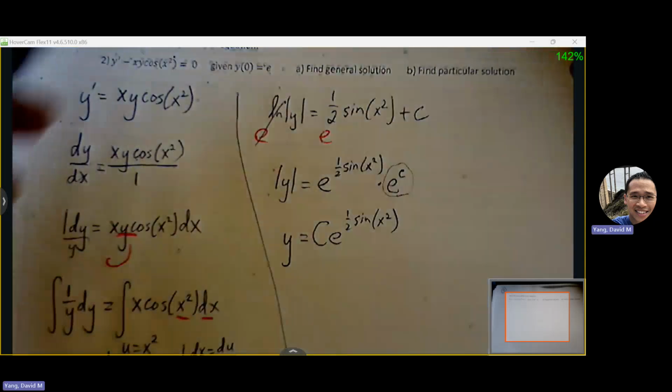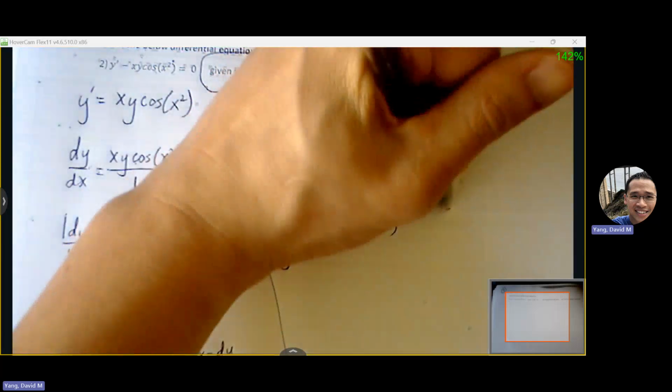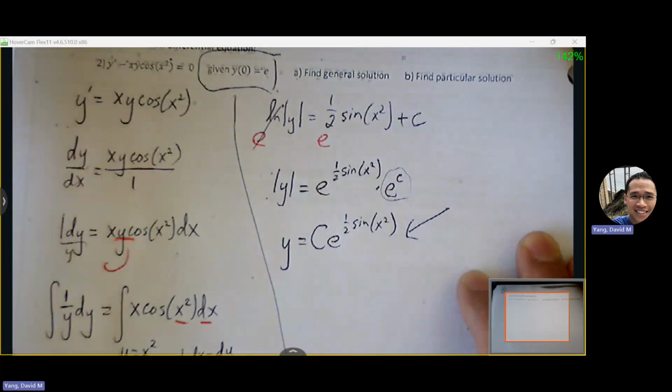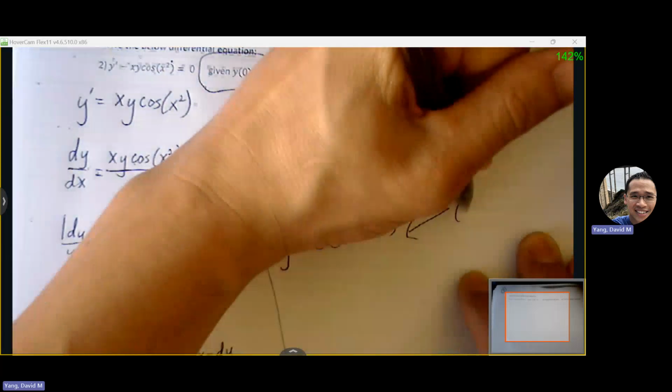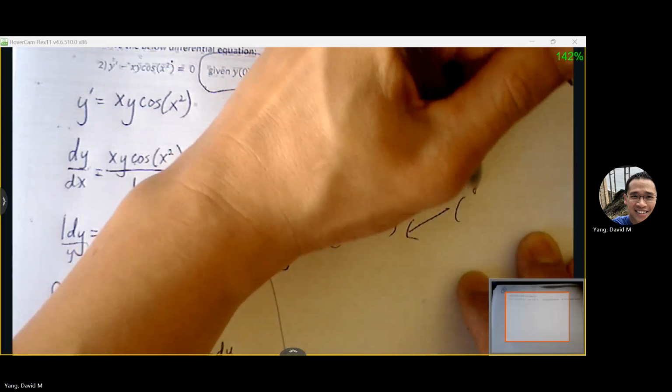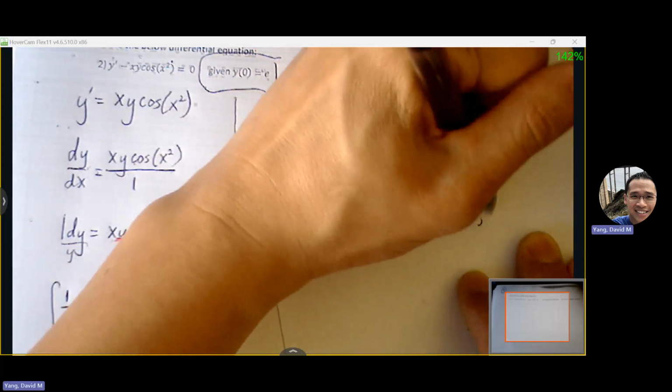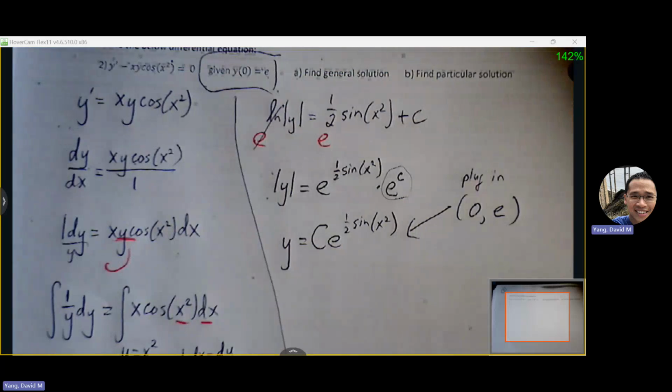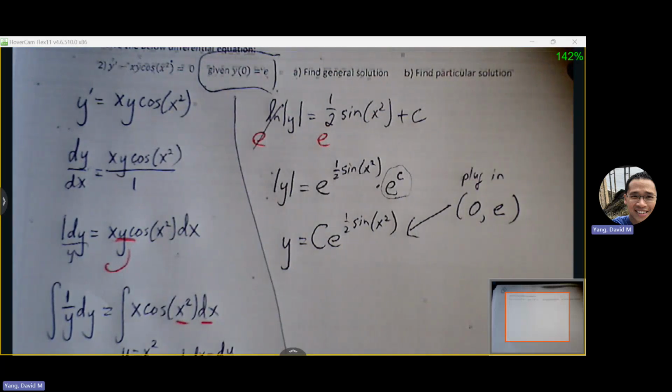So I have my general equation. They give me an ordered pair, and I can now update my general to a specific or particular. So I'm going to plug in my ordered pair 0, comma e. 0 in for x, e in for y.